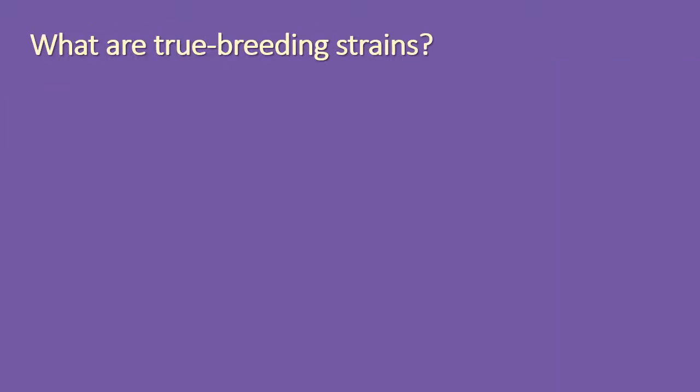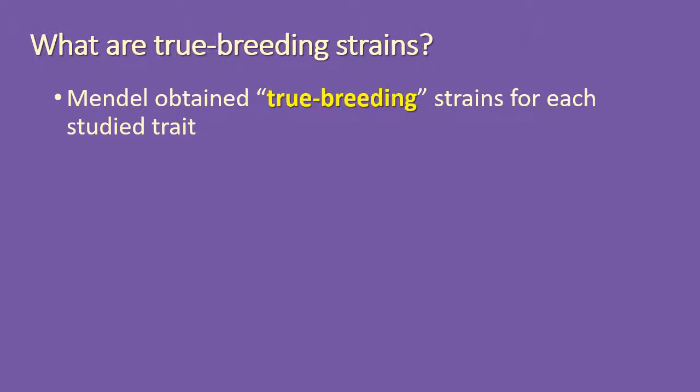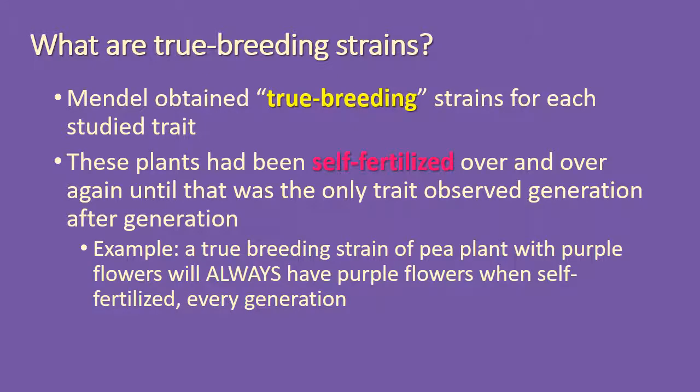So when we talk about true breeding strains, what really do we mean by that term? A true breeding strain is going to only display the trait that you expect it to over and over and over again through self-fertilization. So if you have a tall plant and you allow it to self-fertilize itself over and over and over multiple generations, it's always going to produce tall offspring.